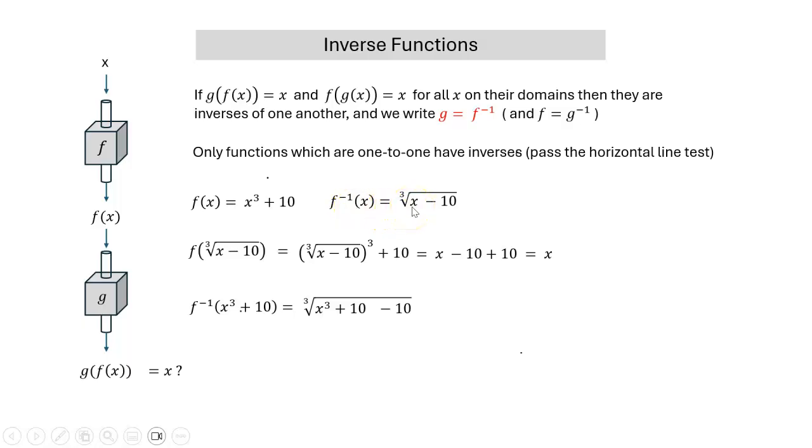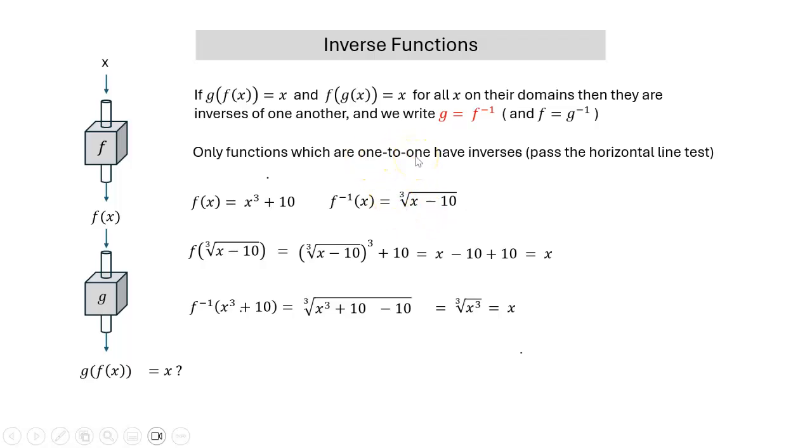I first subtract 10 from the thing you gave it, then take the cube root of all of that. Now notice under the cube root, the 10 minus 10 is 0. So I just get the cube root of x cubed, and again that gives me x. So we have checked that these two functions, namely x cubed plus 10 and the cube root of x minus 10, are inverse functions.